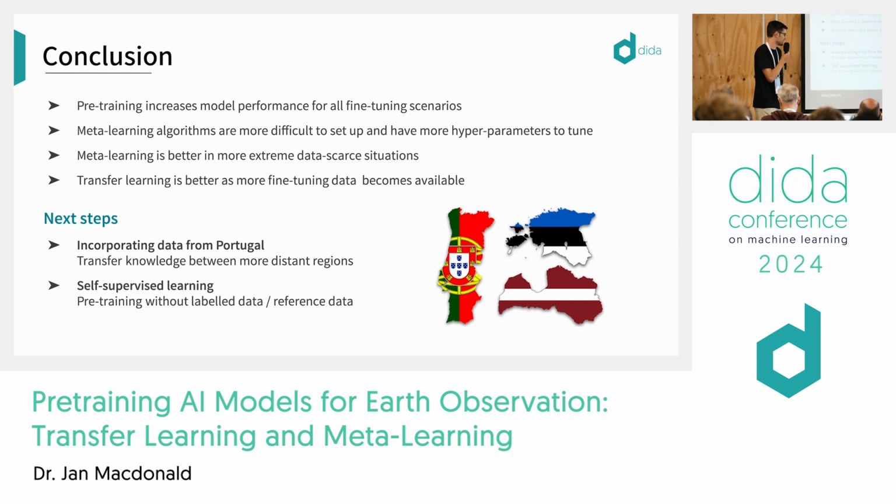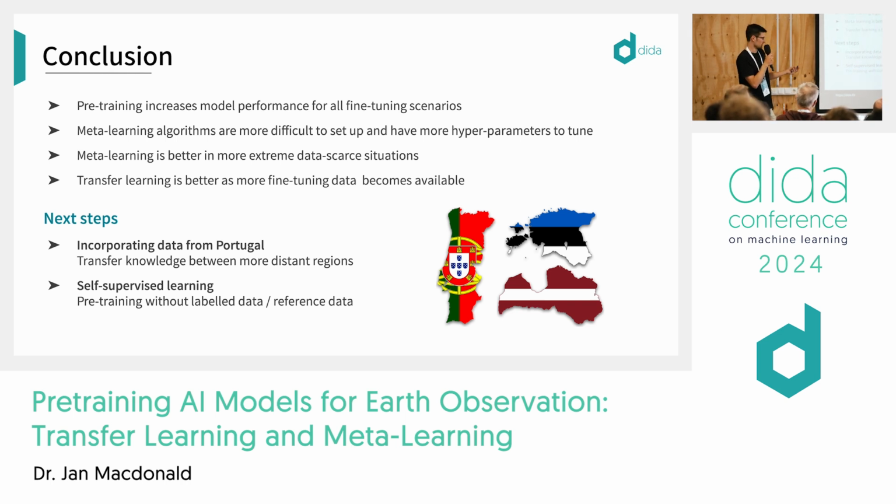Yeah, and then our next steps are, as I said, first incorporating this Portugal data to check how the knowledge transfer can be done between more distant regions. And then also a very interesting thing to look into is self-supervised learning. So here the idea is that you could pre-train a model backbone on the remote sensing data without the need for labeled data or reference data.